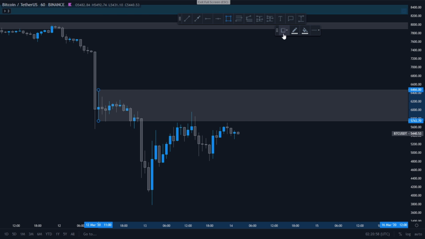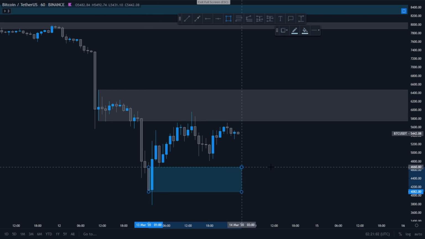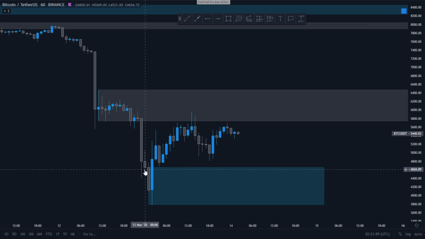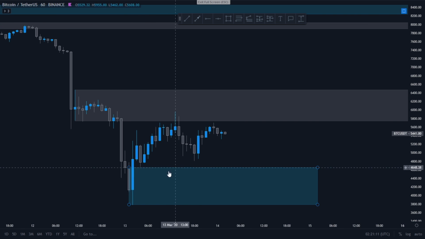Now, guys, when you have something like this, of course you can draw a demand zone here, because price rallies from here. Okay, this is the last down candle, so you can mark this as a demand zone. What happens is price moves, comes back here, and makes a higher high here.